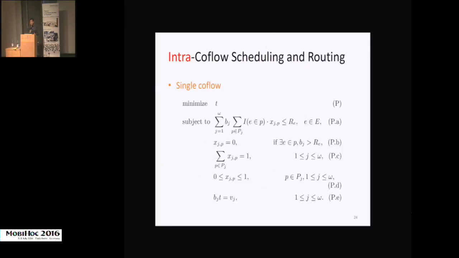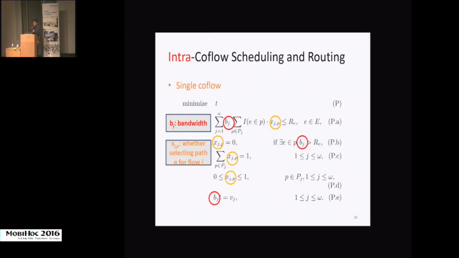First, we relax the original program to a continuous variable one, and then we have this program P. In this program, the variables are the flow bandwidth, which is denoted as Bj, where j is the flow ID.